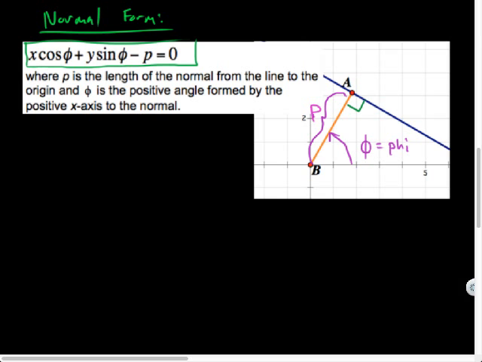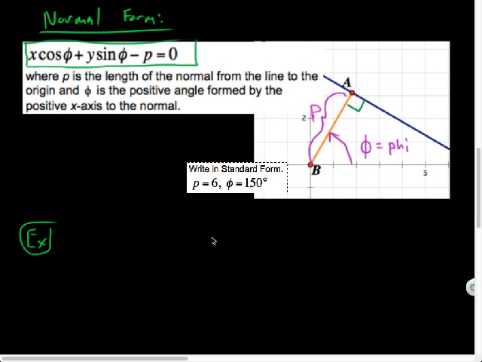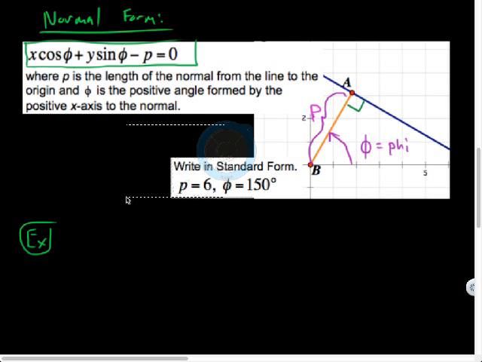So for our first example implementing this, let's pretend we're afraid of normal form, which we probably are, and let's pretend I want to get as far away from it as possible by rewriting an equation in standard form.